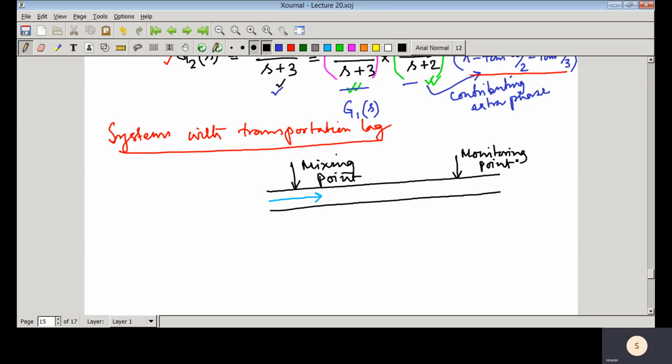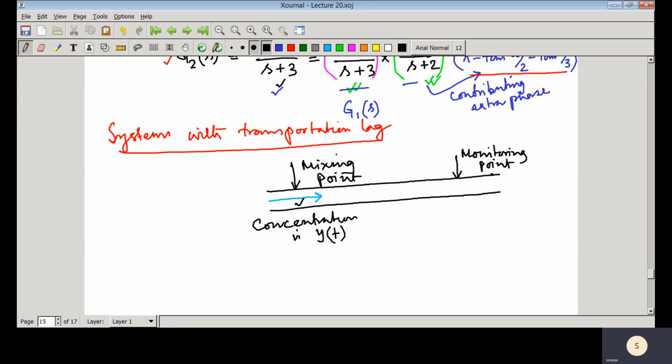Now it is clear that water is flowing through this pipe. At the time when you are mixing the dye, if you look at the concentration y(t), at time t you are mixing it at this point and monitoring what its concentration would be.